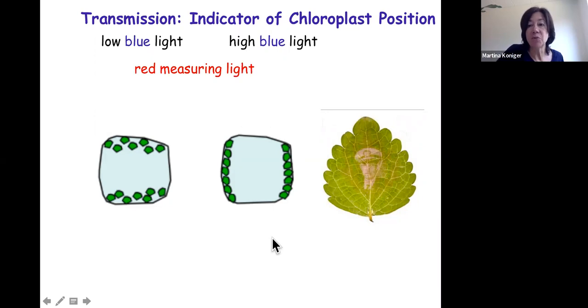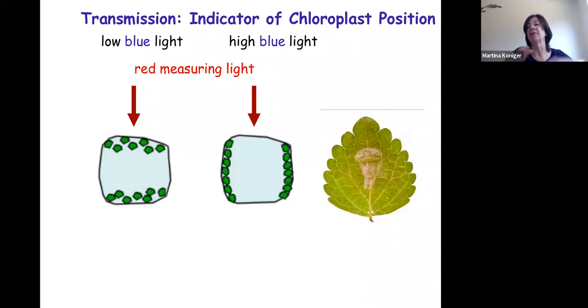So what I can do is try to quantify that. One can do it by shining red light on it, and then you measure how much of that light appears on the other side of the leaf.